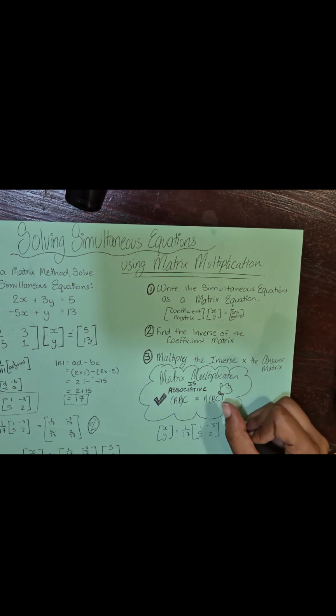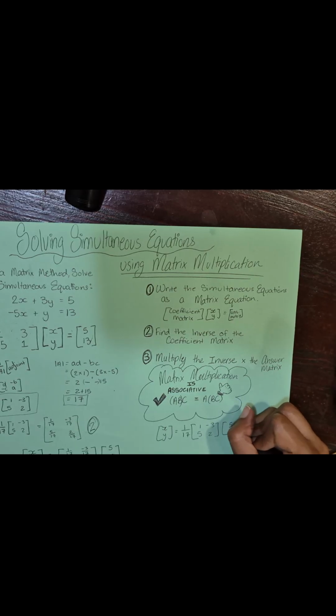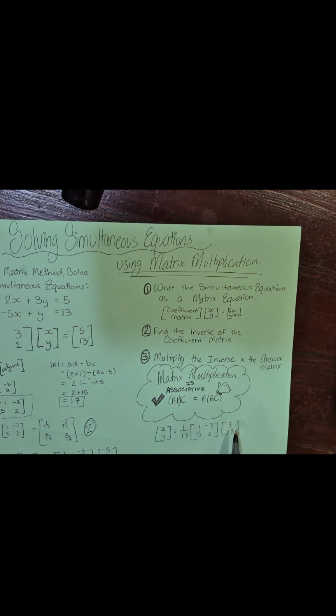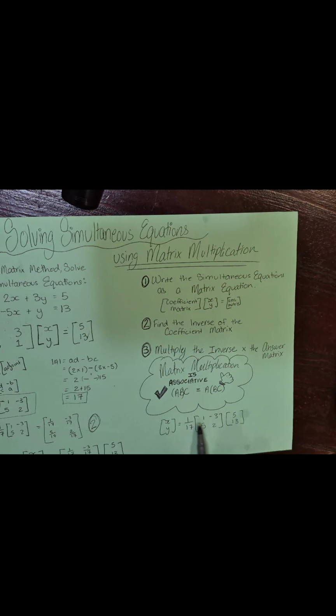So xy is equal to the inverse times the answer matrix. Then you could either do the scalar multiplication first, so you do AB first and then times C, or you could do this times this and then times this.